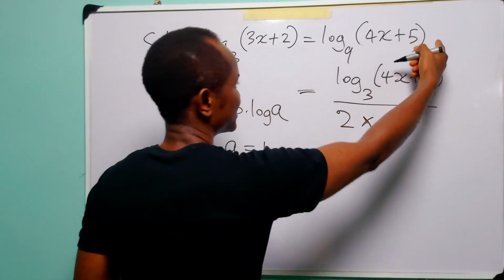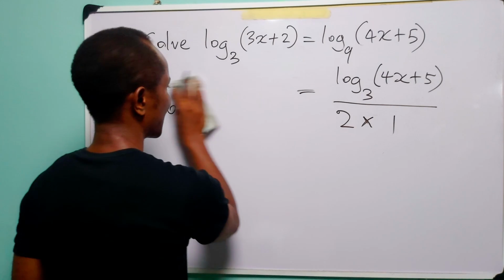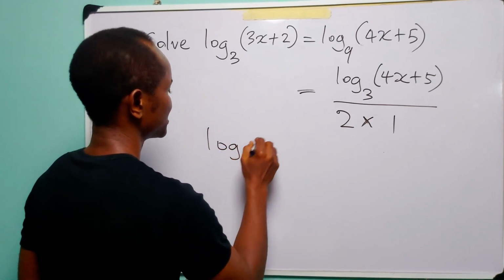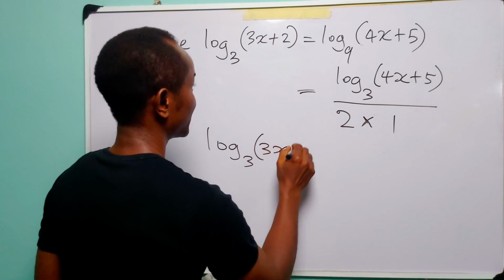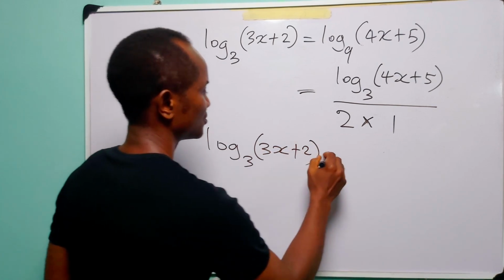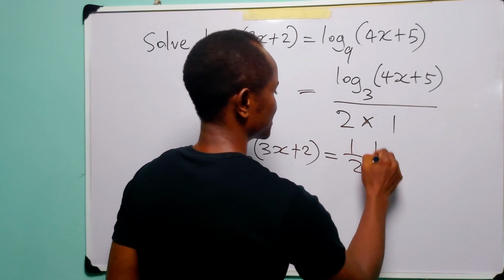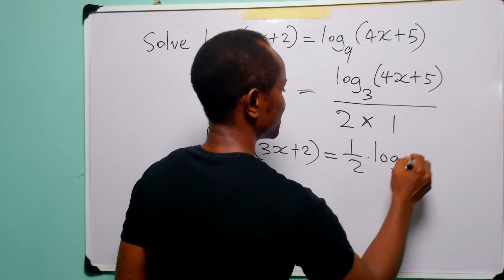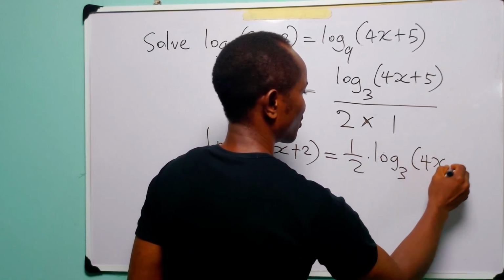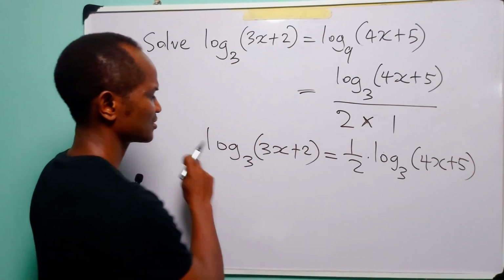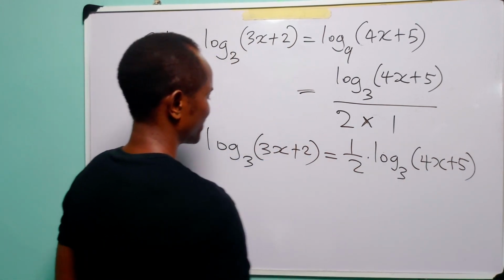So we can write this original equation as log to base 3 of 3x plus 2 is equal to half times log to base 3 of 4x plus 5. Now let us multiply through this equation by 2.